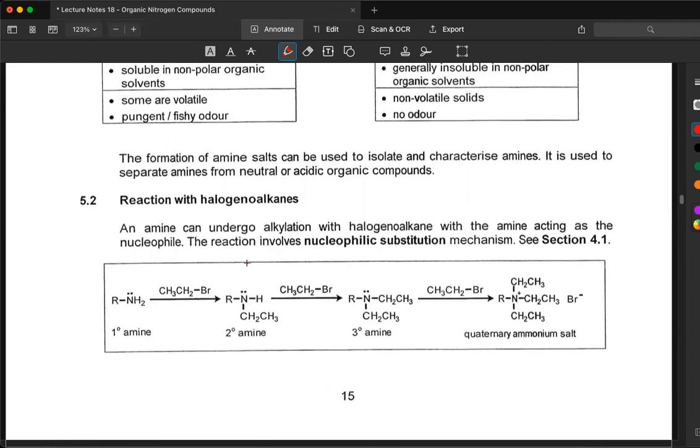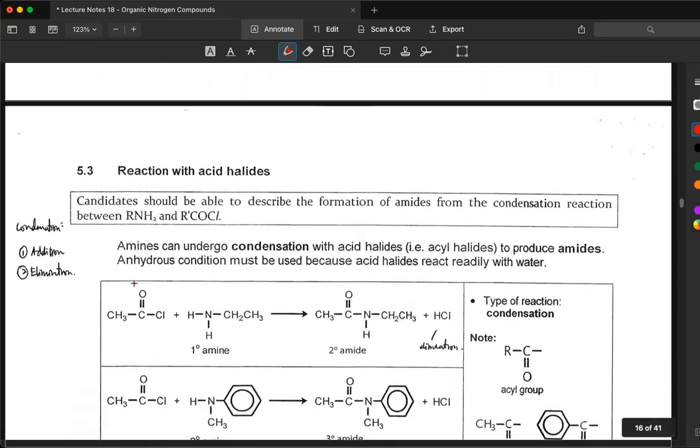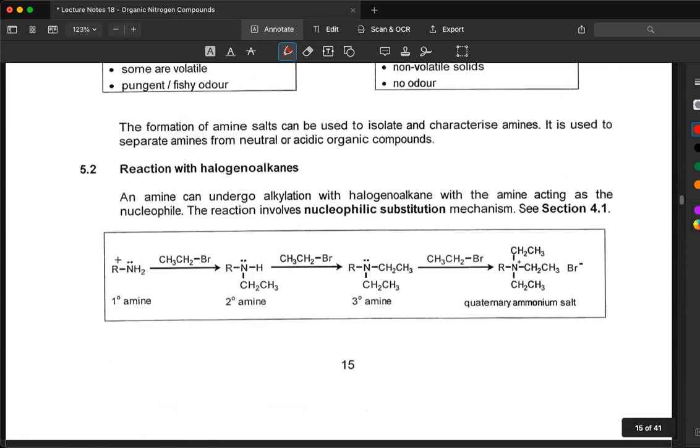The amine can undergo alkylation with halogenoalkanes, with amine acting as a nucleophile. So this is the nucleophilic substitution mechanism. The primary amine reacts with the bromoethane. Then you will form the secondary amine because the nitrogen attacks the carbon. The leaving group, Br, leaves.